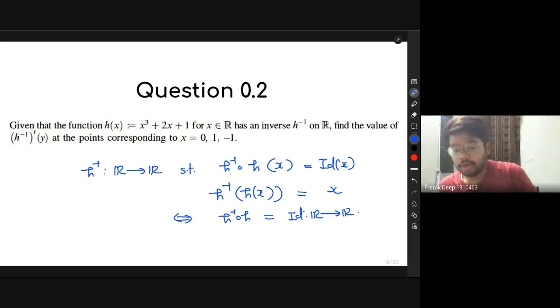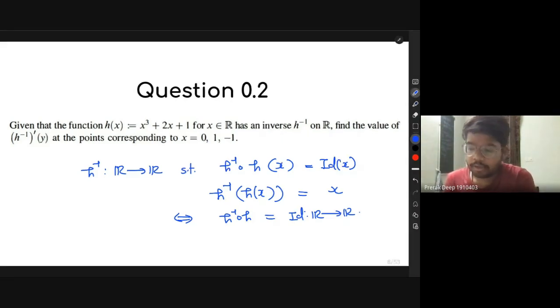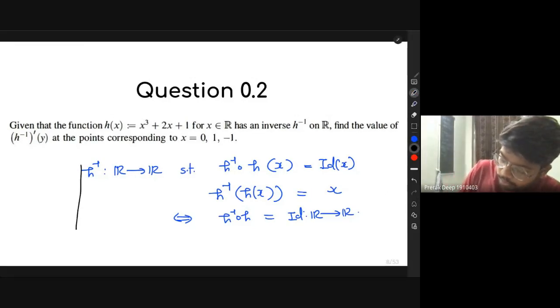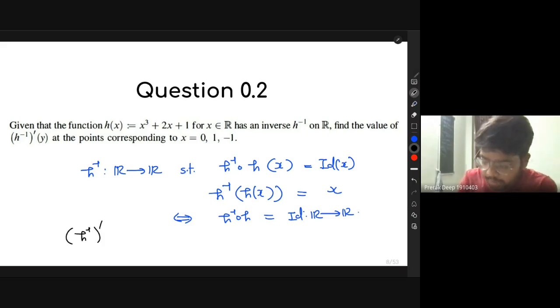Okay, so now what we have here: it is given that you have a function hx and it has an inverse h inverse. We don't know what that inverse is. Now you are asked to find the value of the derivative of h inverse at a point y. And what is this point y?